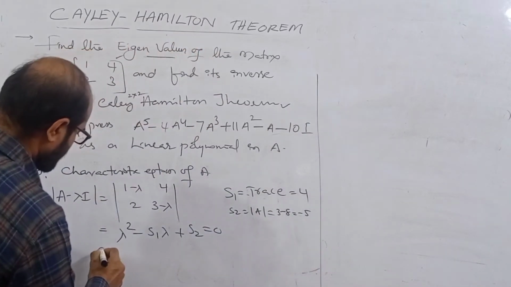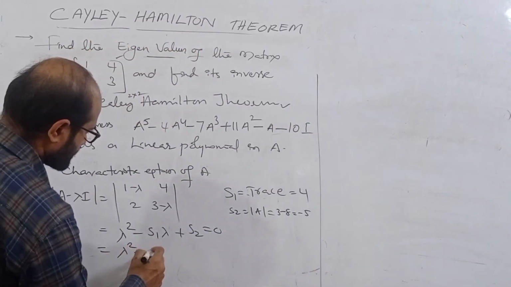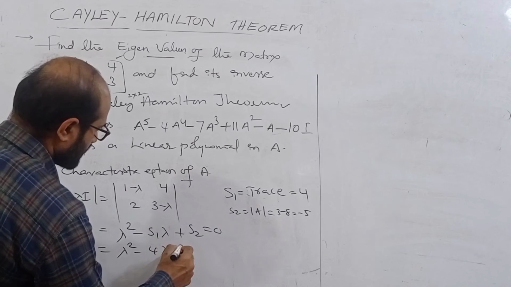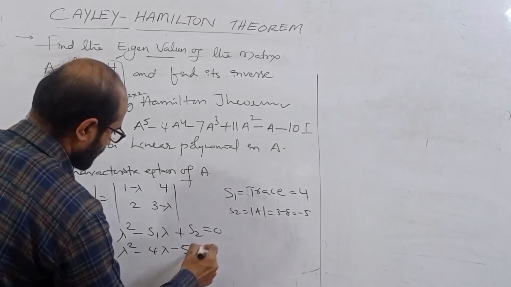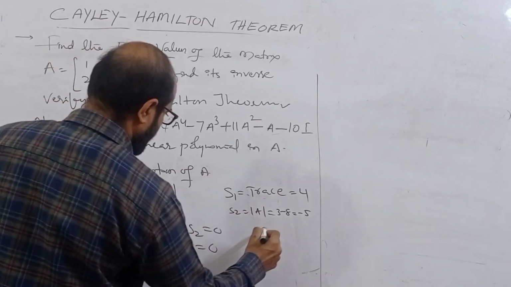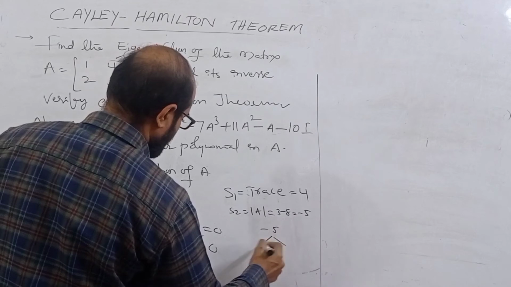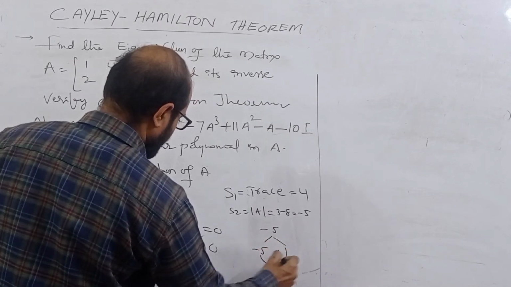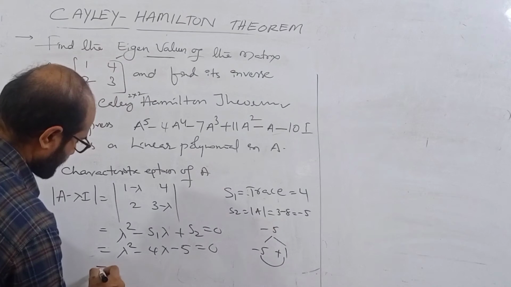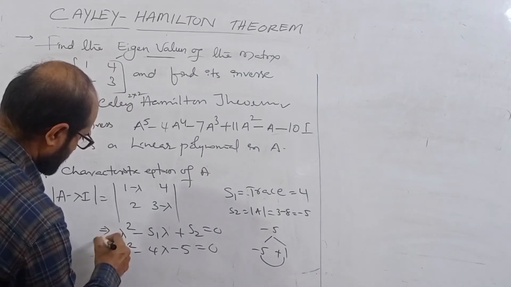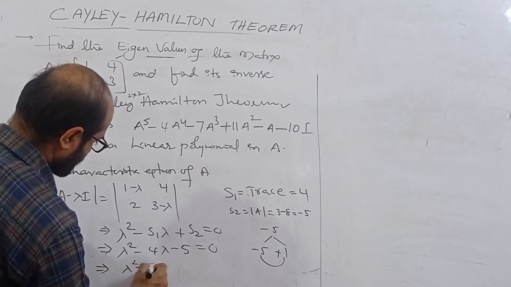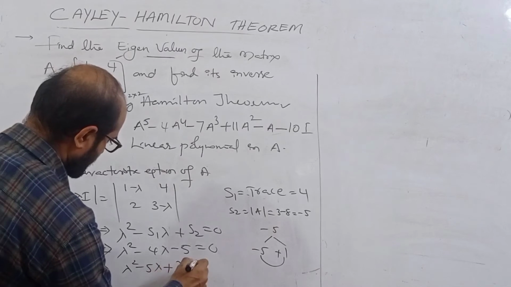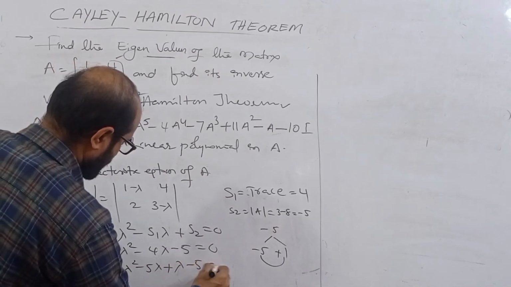Right? So substituting here, lambda square minus 4 lambda minus 5 equal to 0. Minus 5 is minus 5 into 1, so find the factors: 5 and 1, minus and plus. By adding these you get minus 4 lambda. This implies lambda square minus 5 lambda plus lambda minus 5 equal to 0.